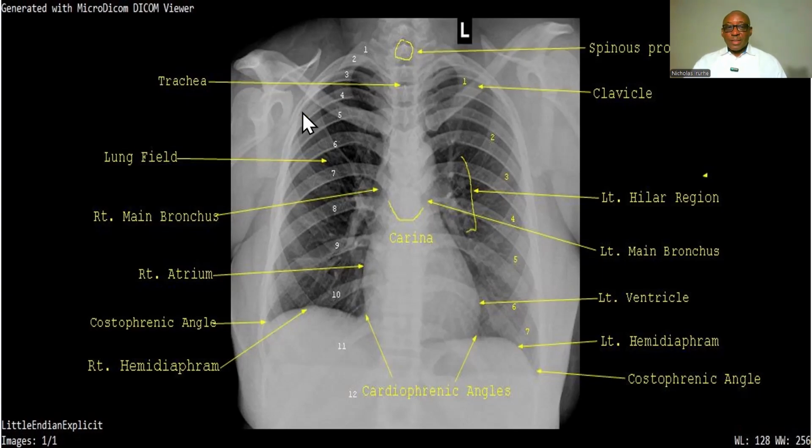When we look at this, this is the clavicle, which is appearing white, opacified. These are the bones. They are appearing white, opacified. Same thing with the heart. However, if you look at this, which represents the lungs, the lung fields, they are lucent.